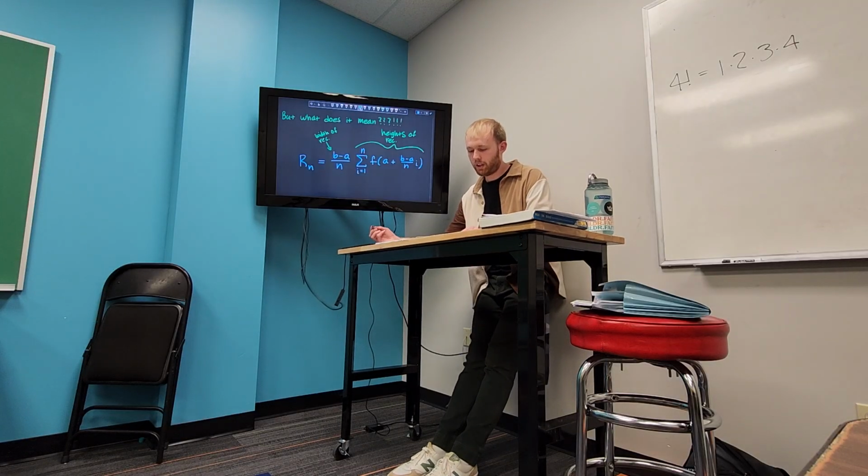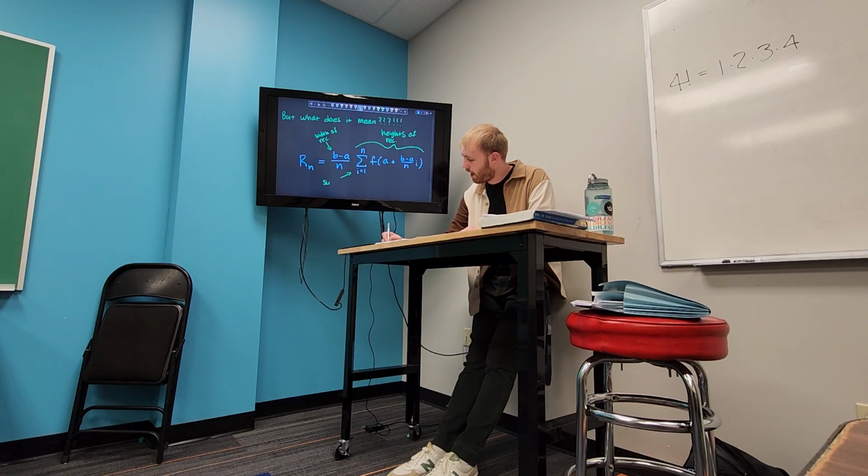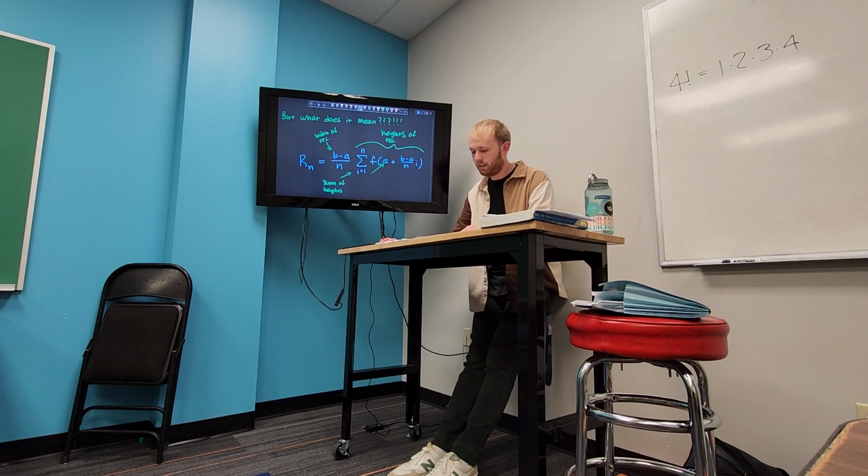So there's the width of your rectangle. Now this right here, that is the sum, right? From 1 to however many you have, of the heights of however many you have. This, your starting point, plus however many bases you have over.